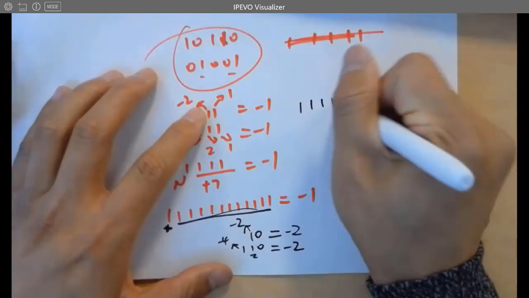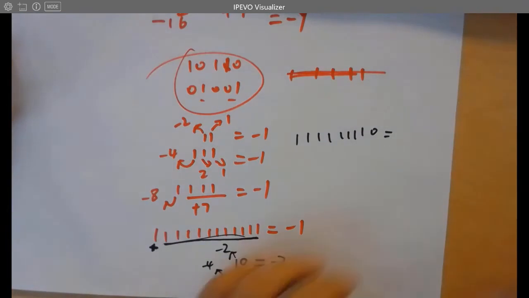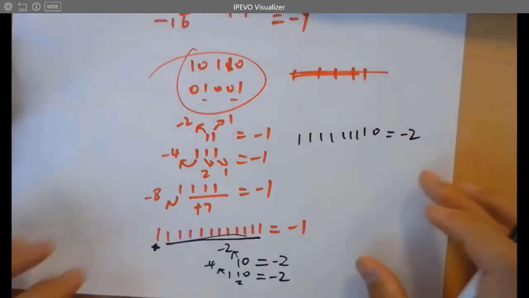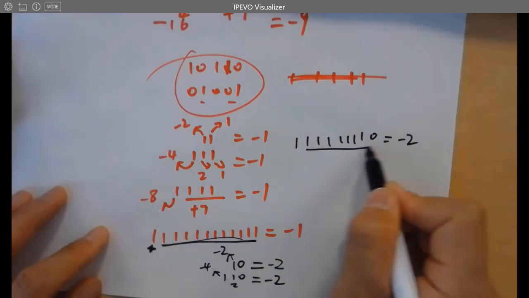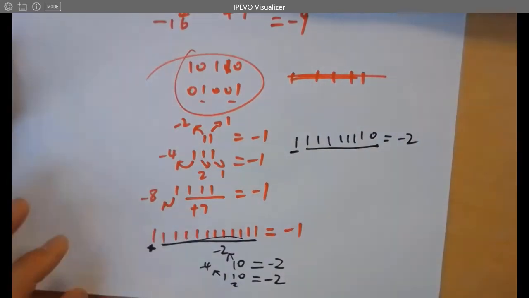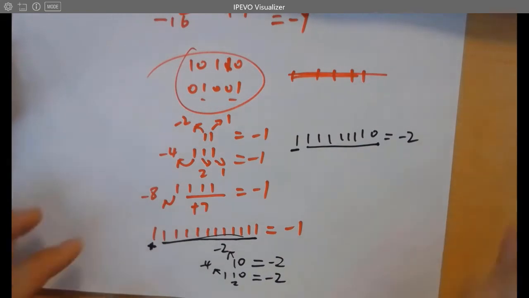So what is this? Why is that? Based on the same principles that we just talked about. Same concept, right? So this number and this number, what's the absolute value difference? 2. It's always minus 2. So we get a conclusion here.